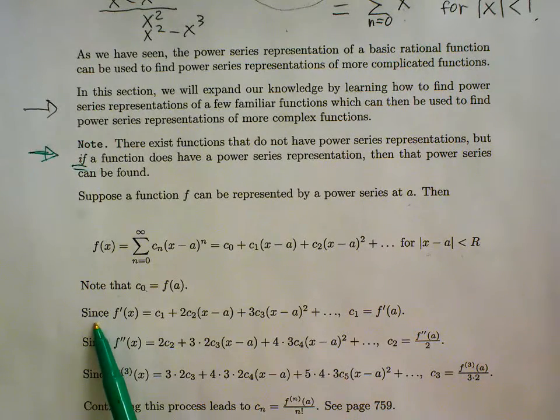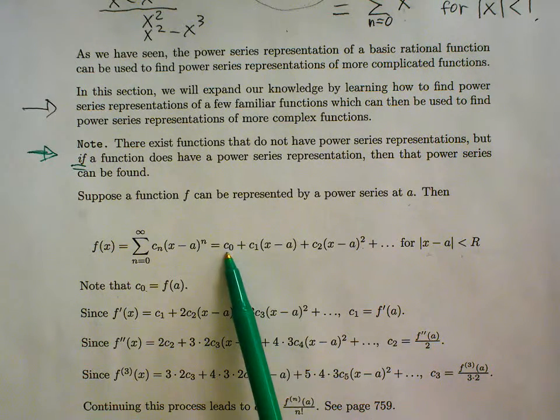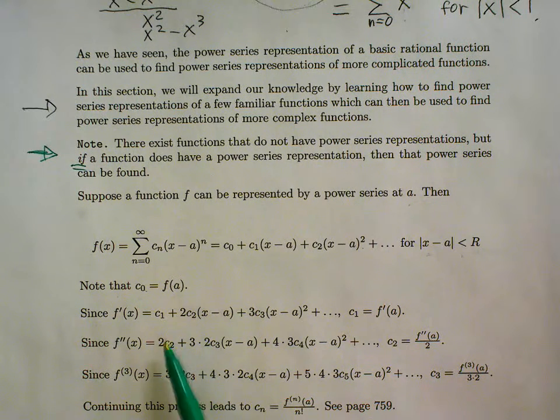Then if we compute the first derivative, f prime of x of the power series, well, the constant c sub 0 goes to 0 when we take the derivative of that. And then we're just left with c sub 1 plus 2 times c sub 2 times x minus a plus 3 times c sub 3 times x minus a to the second, and so on.